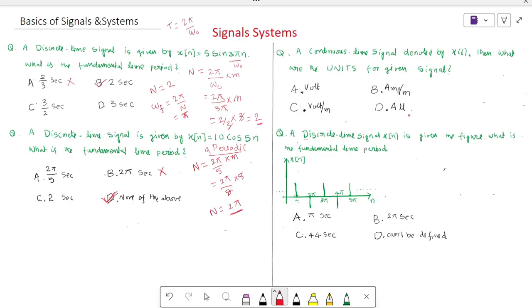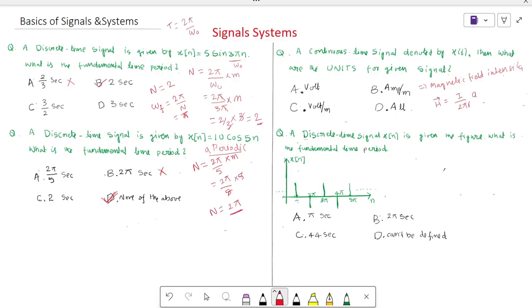So the signal units may be volts. Then ampere per meter. These are the units for the magnetic field intensity. The general formula for magnetic field intensity: H equal to I by 2 pi r.